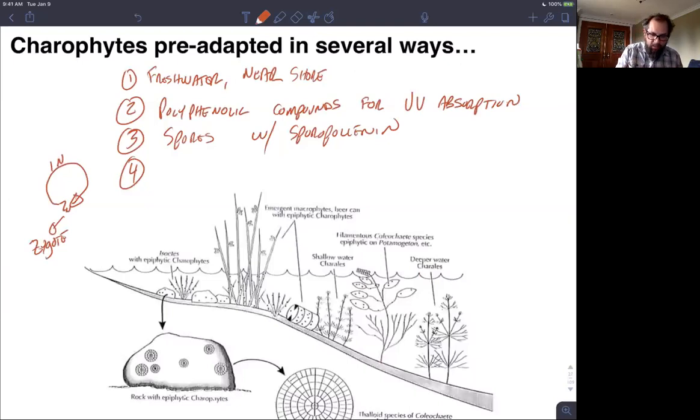And so that zygote is retained on the haploid body.